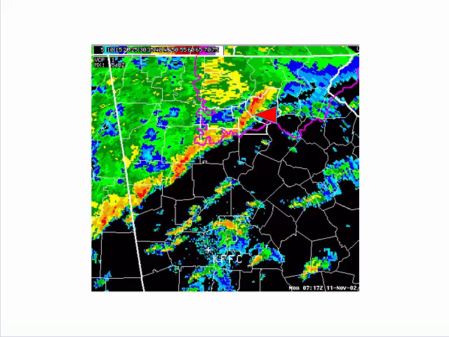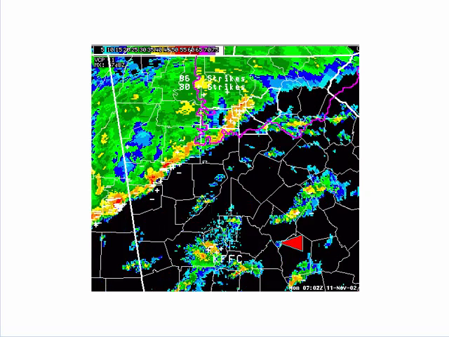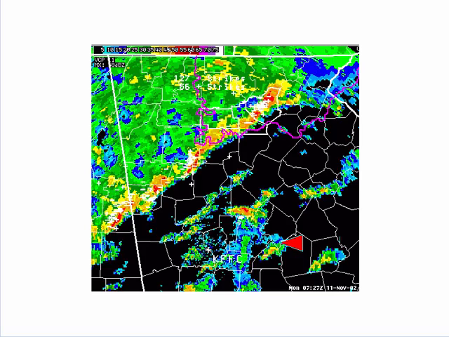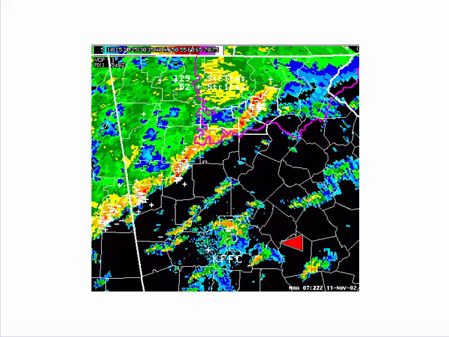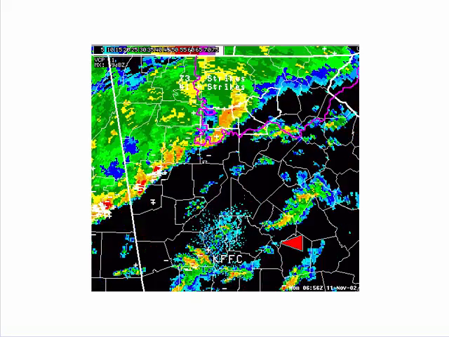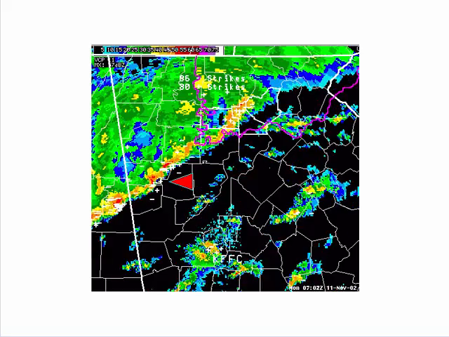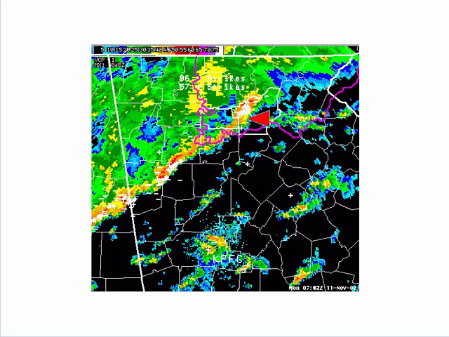Let's toggle on some lightning data and show you how that lightning behavior changed as the storm moved up onto the terrain. We find a lot of lightning with the squall line as it moves eastward. Some of these cores look pretty active, so they are severe, and indeed they are producing hail. But as we move up onto the terrain in this storm, watch the strike count, especially the positive strike count, go up with that particular storm.